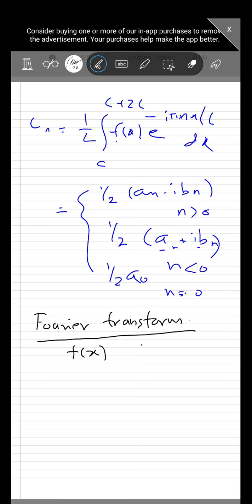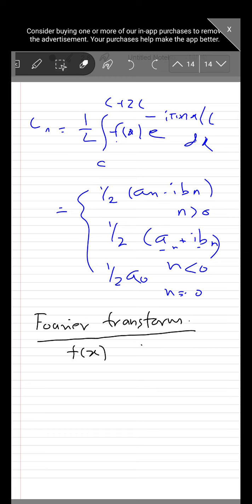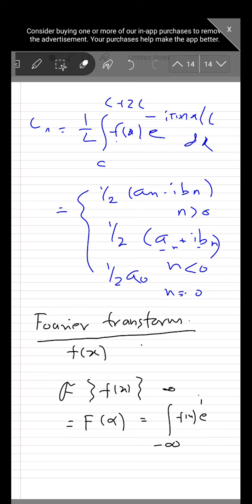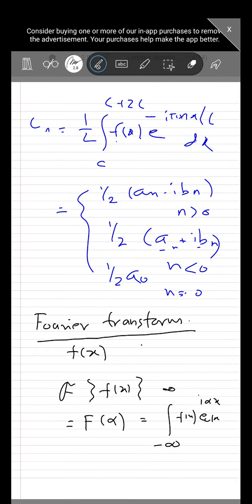The Fourier transform can be represented as F(alpha), and it is equal to the integral from minus infinity to infinity of f(x) e to the power i alpha x dx, and this quantity, e to the power i alpha x, is called the kernel of an integral transform.